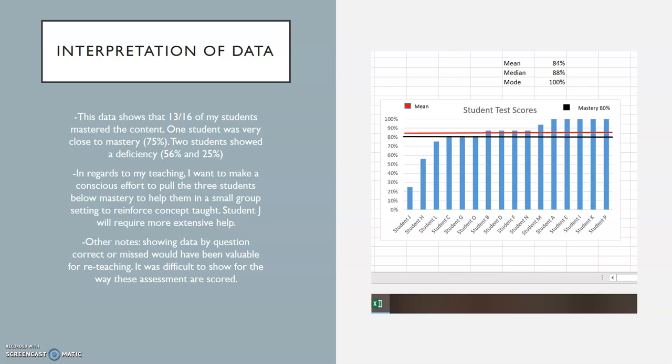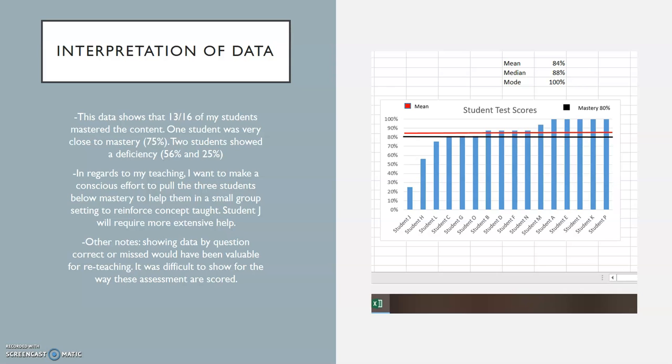And of course, as we're grading assessments, we see things like this, but it's really helpful to see it in such a stark contrast, even to the student that scored a 56%. It's really showing me that student J is going to require a lot of small group one-on-one, obviously a lot more than they received in the past module. And so I think that's just a really good indicator too in regards to my teaching.